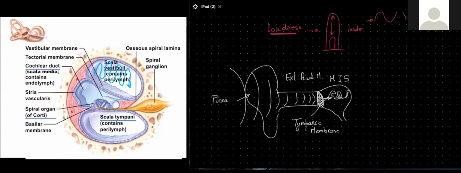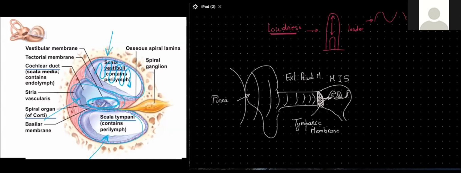This is a transverse section of the cochlea. If you notice, the cochlea is going to be divided into three main compartments. Those are the scala vestibuli, scala tympani, and in between we've got the scala media. And inside the scala media, this is where I will have the receptor responsible to detect hearing.